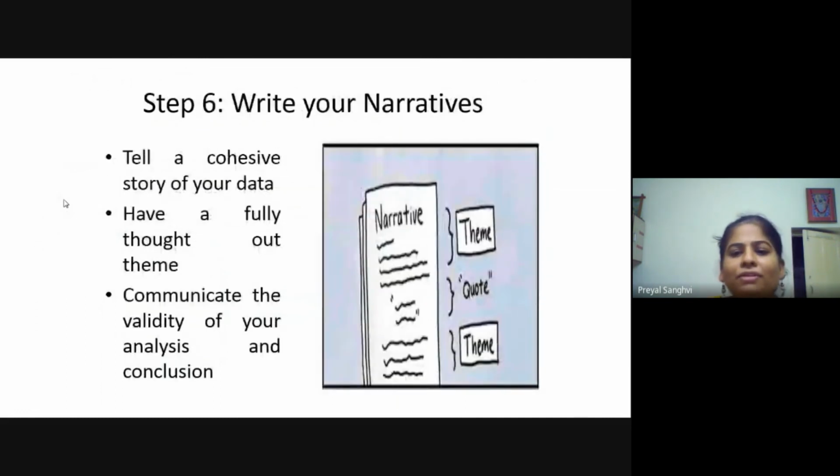Based upon the categories, we try to identify the relations between the categories, and the researcher is going to write the narratives, explaining what this data is about and what the findings are.